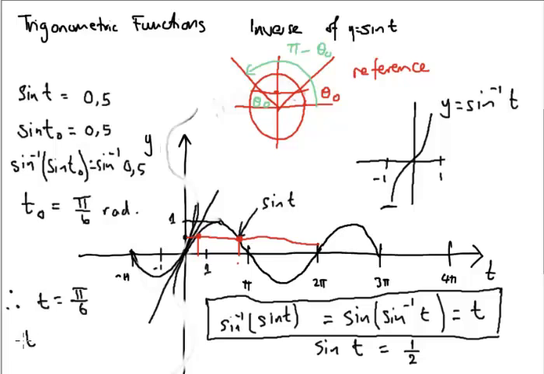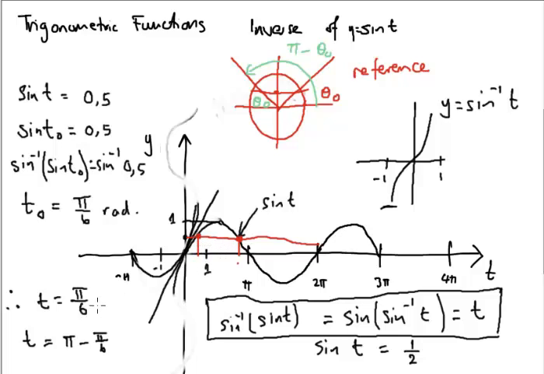Then, or t equals pi minus pi over 6 altogether. That is my solution during the first cycle from 0 to 2 pi.